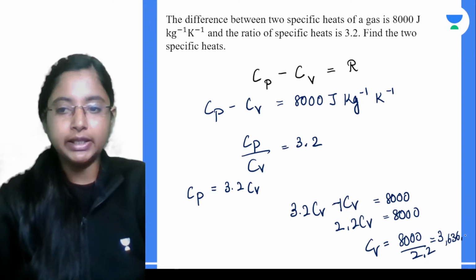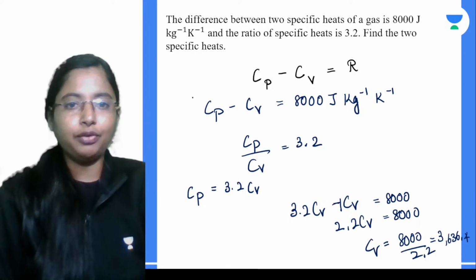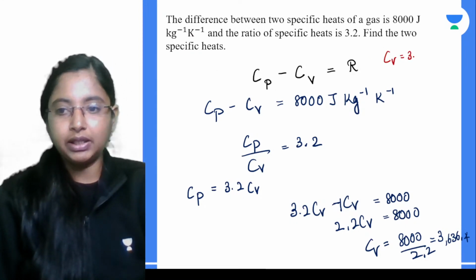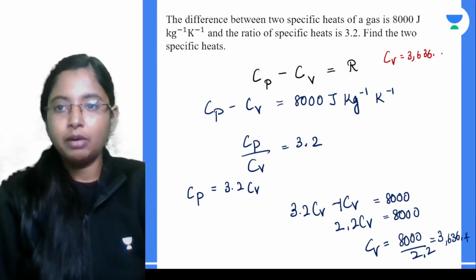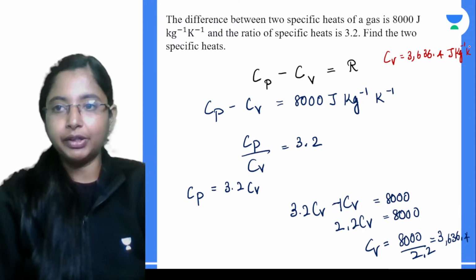I'll stop with one decimal point, 0.4. So one value we found over here, Cv is 3636.4 joules per kilogram per Kelvin.